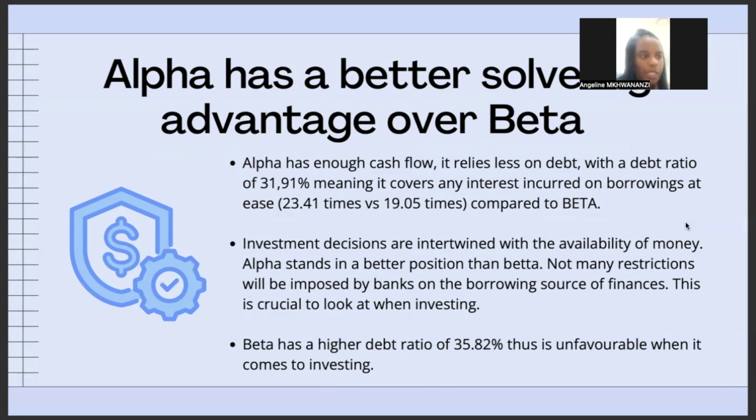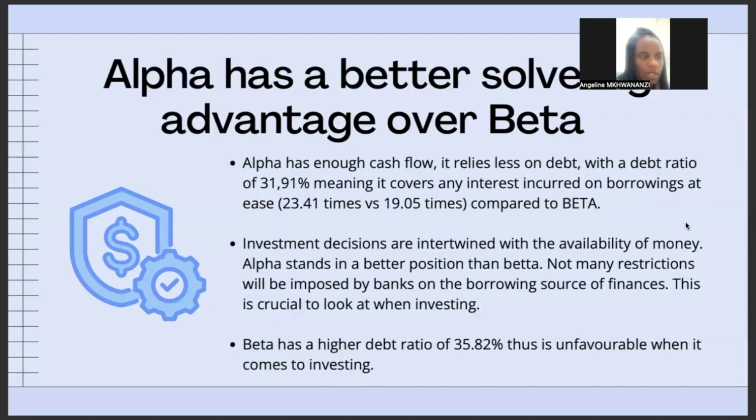This is shown by the ratio of 31.91% to 23.41. When you look at the interest incurred on the borrowings, it shows 23.41 times versus 19.05 times. So it is a very wise decision to consider that when investing.